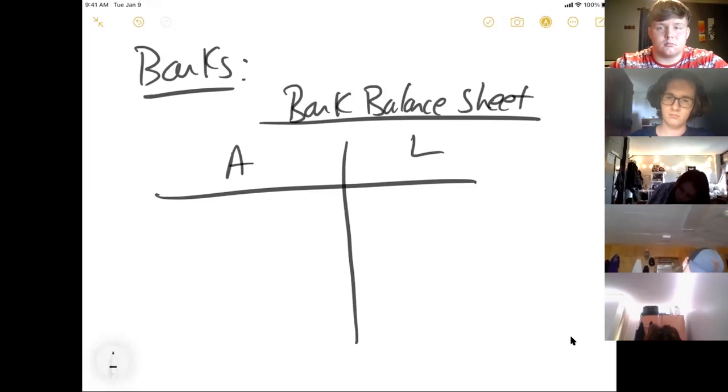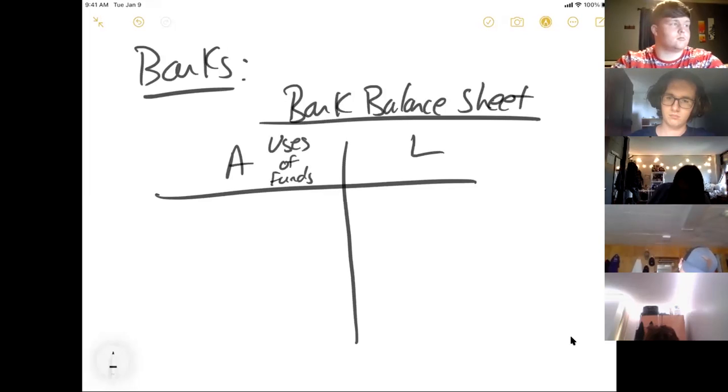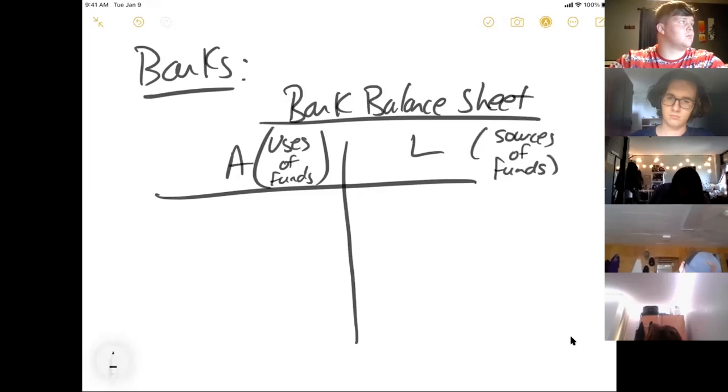But you can think about any business as basically having assets and liabilities, right? Assets being the uses of funds, and liabilities being the sources of funds. So how do banks raise money? What's their liabilities? Well, they take in deposits. That's one way they raise money.